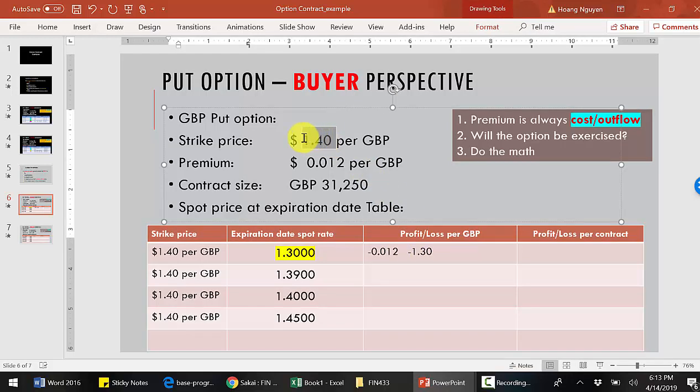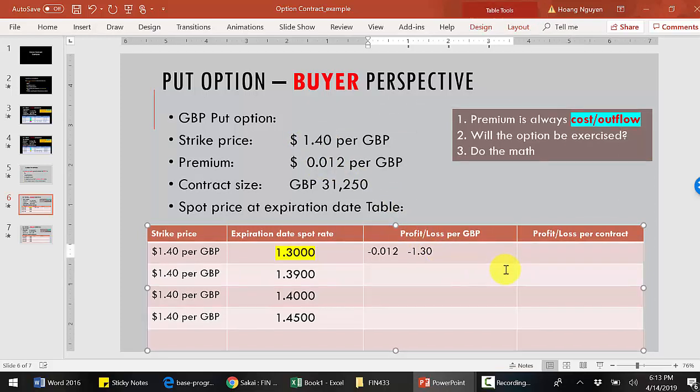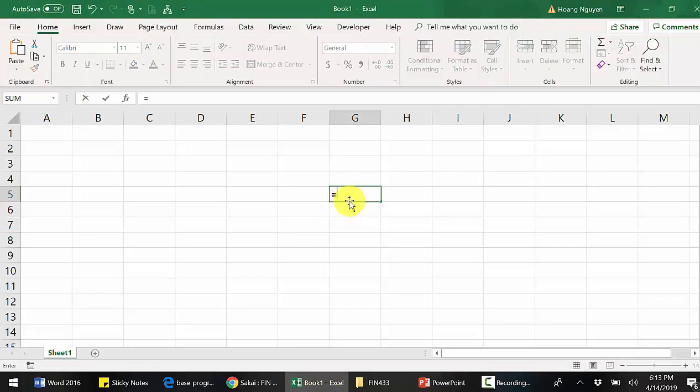How much does he pay you? He will pay you the strike price of 1.4. So the strike price of 1.4 will be your revenue, a cash inflow. Adding those numbers up, you will find the total profit or loss. And in this case, the total profit is 8.8 cents.